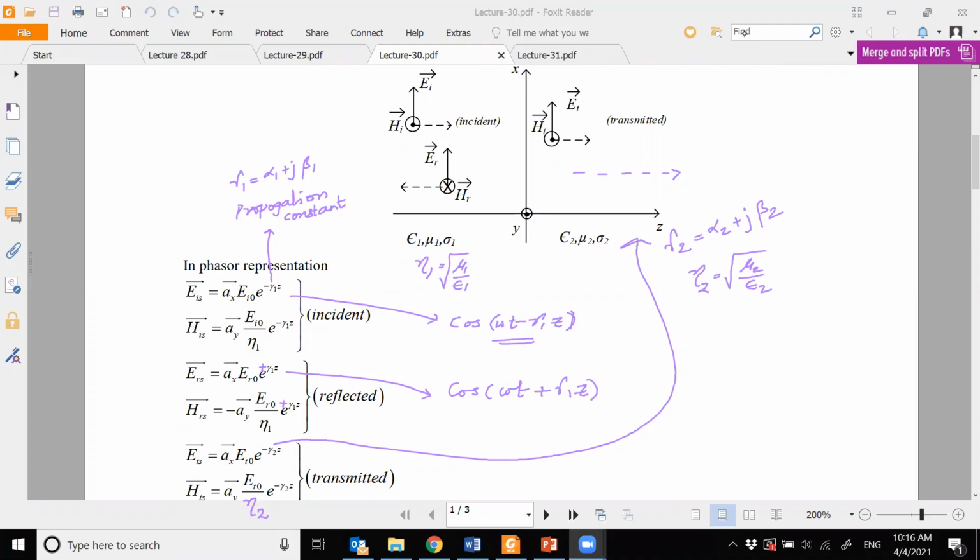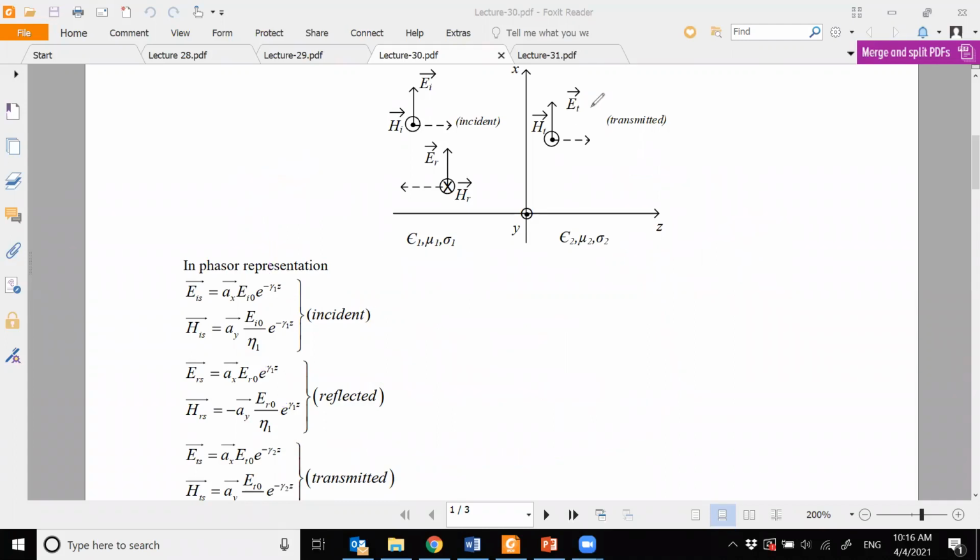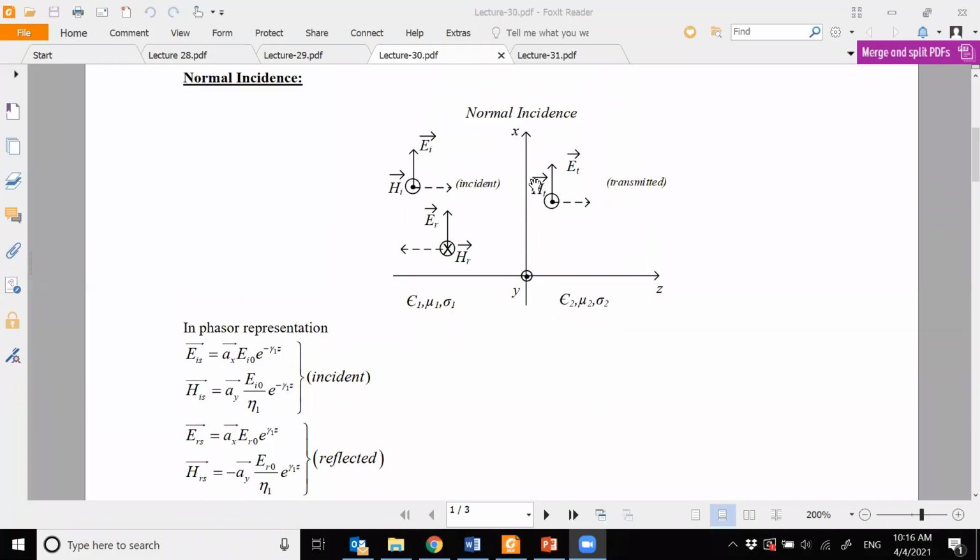Okay, so now what next? We will look at the total fields, because now we want to apply boundary conditions. Remember, this is a boundary. So we will apply the electric field and magnetic field vector boundary conditions here.